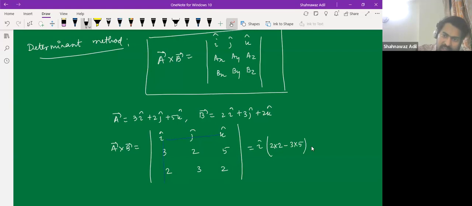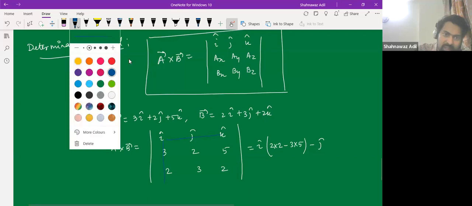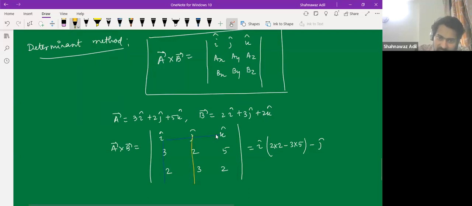That is i, and minus j. If we take this, this cancels, this cancels, so 3 into 2 minus 5 into 2, plus k hat. And I'm guessing that you guys already know the determinant, right?